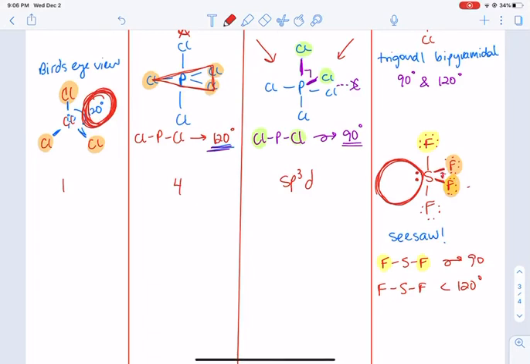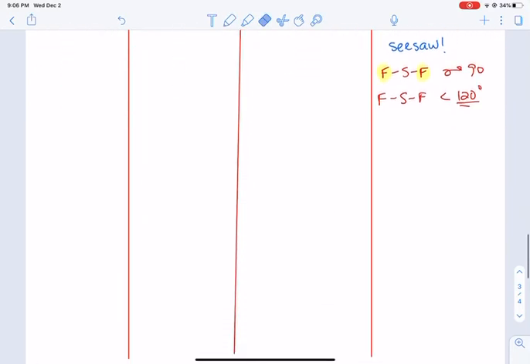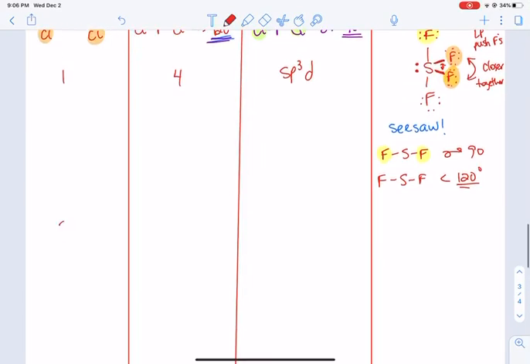So it's basically pushing that fluorine and that fluorine closer. So lone pairs push fluorines closer together, right? And so that's why it's less than 120. We're not really interested in why it's less than 120. It just is. Okay. The next example would be 2 lone pairs, 3 bonds.